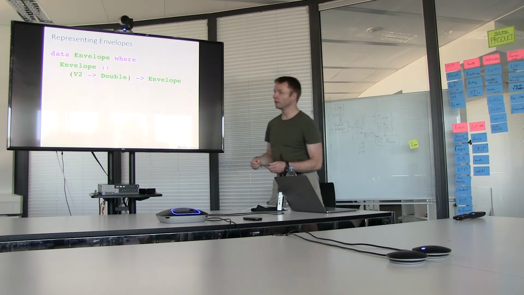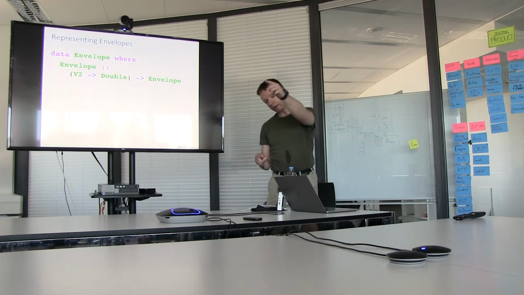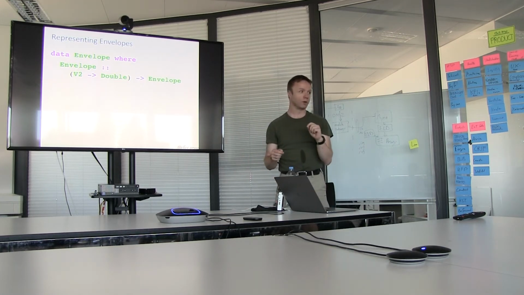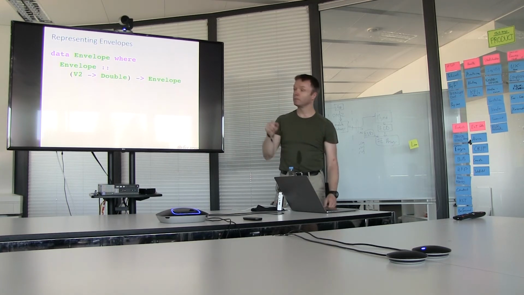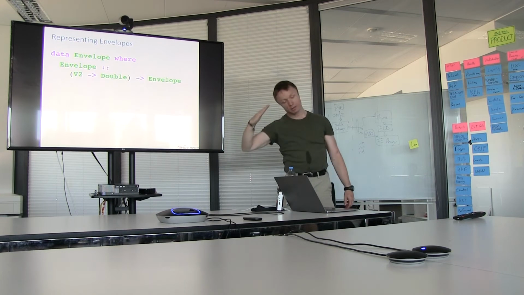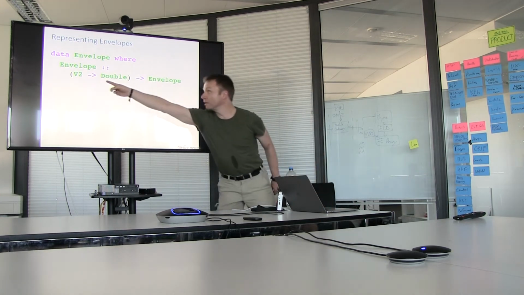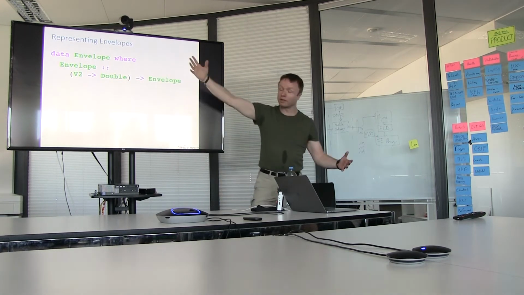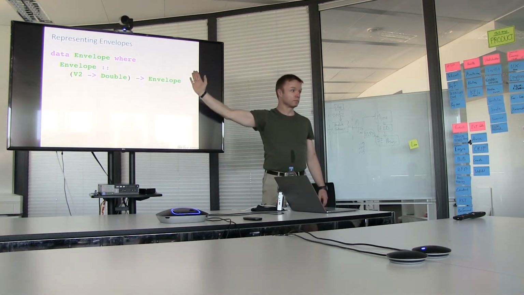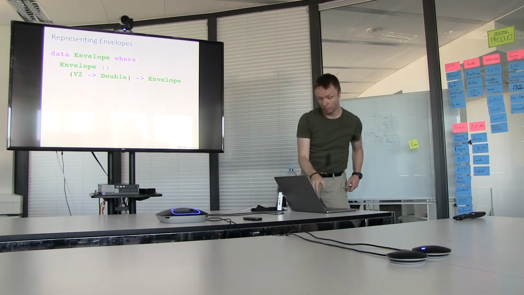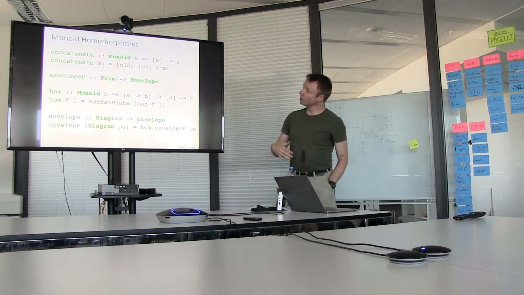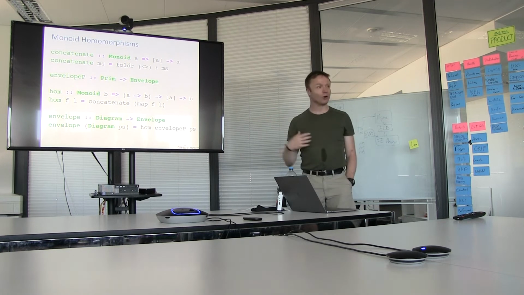He just took that idea and he thought, well, an envelope, first of all, what we want really in an envelope, as I said, is we shoot an arrow, we take a vector in any direction, and it will give us the factor by which we need to stretch that vector so that the perpendicular line is just outside the shape. That means we get a function from V2, which is a vector in 2 dimensions, to a double. That's what constitutes an envelope. And then he goes, oh yeah, we're going to do homomorphism.